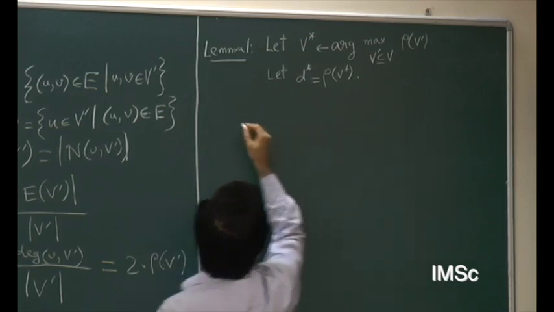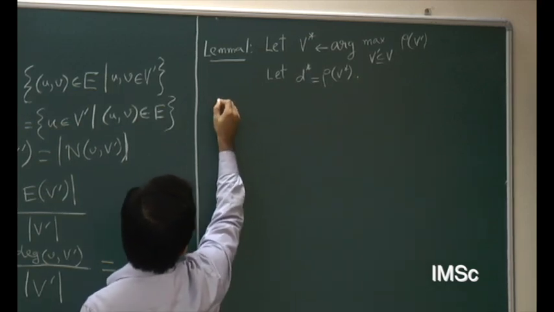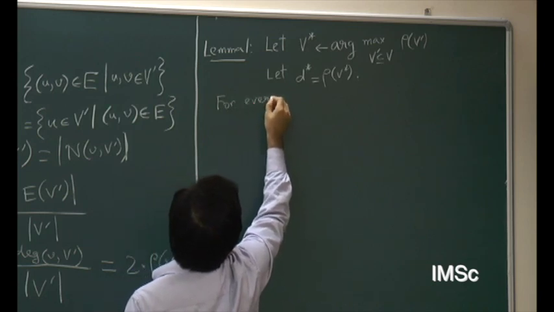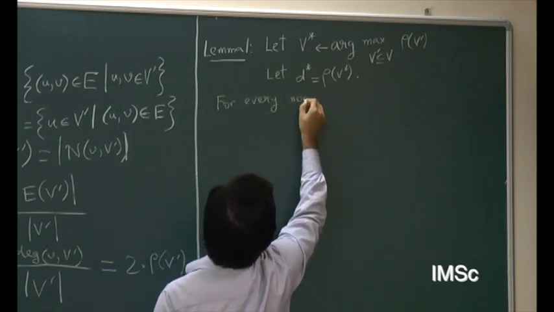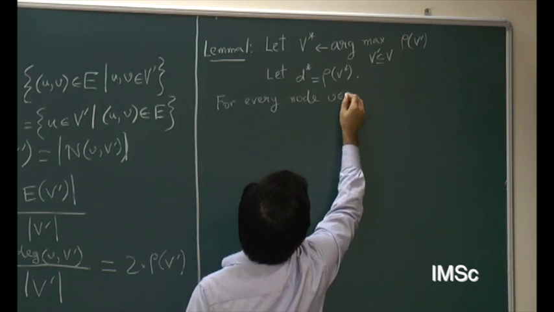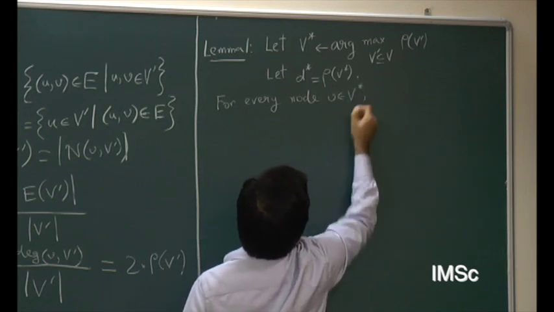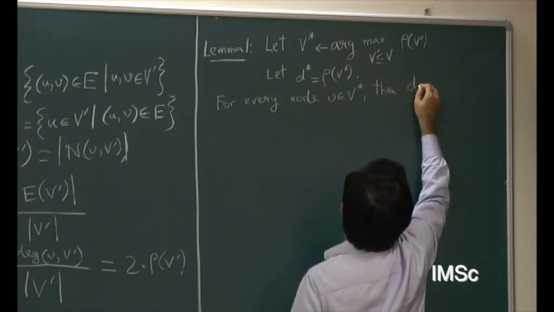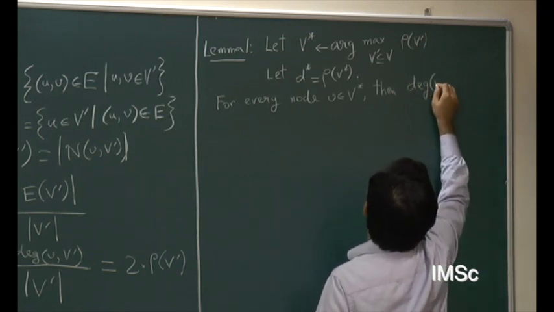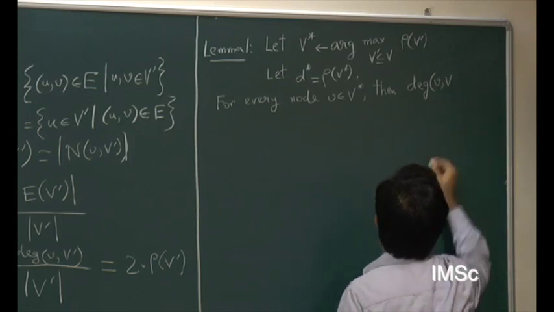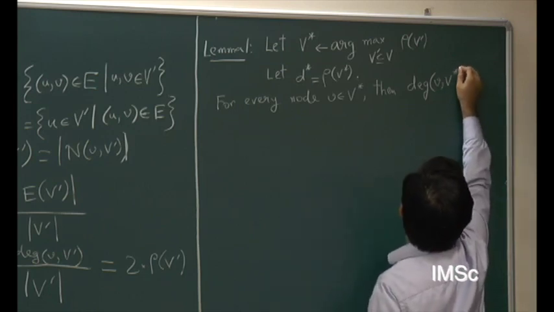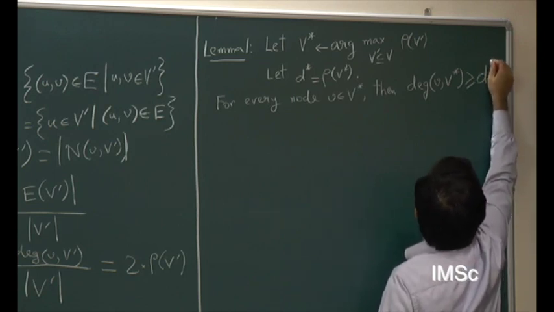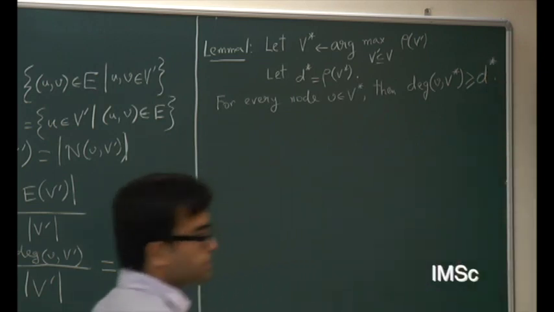The claim is, if you look at any node in this set V star, then its degree in V star is at least D star.